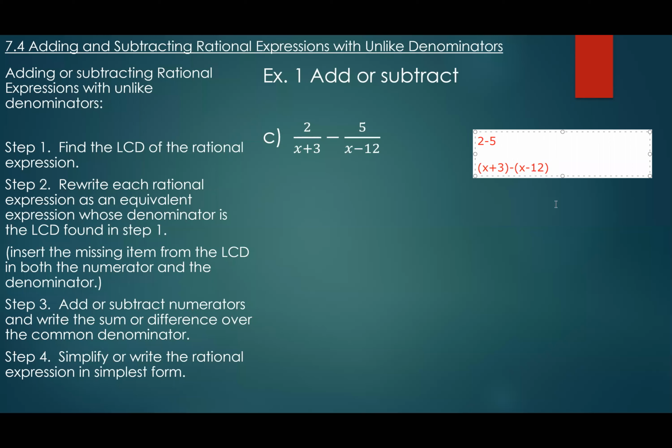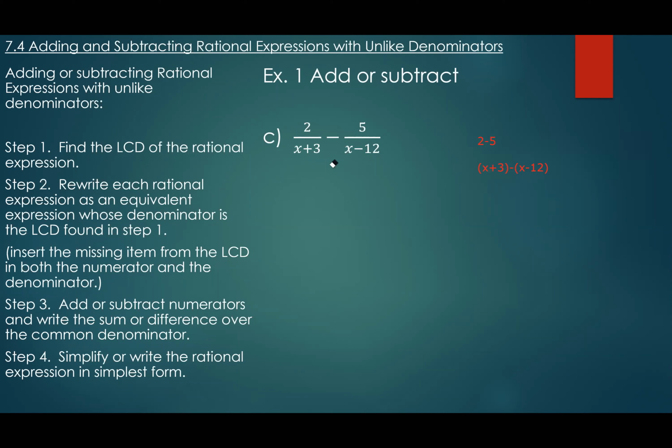First of all, everybody recognize that in order for you to add or subtract, you need to have a common denominator, meaning this item right here has to be exactly the same. That's the first thing you want to ask yourself: is the denominator the same?